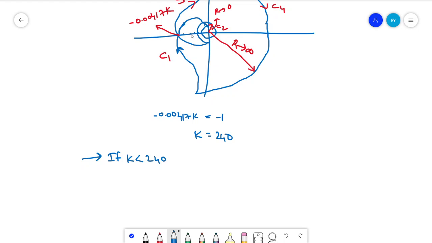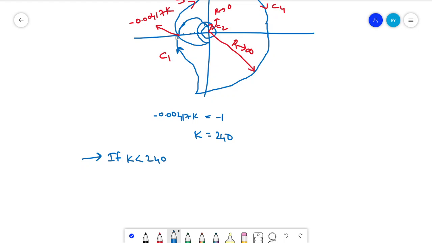Wherever the plot is crossing, in between the origin and -1 will be there. So if you consider how it is traveling through the Nyquist plot, indicating the directions of it, it is found that -1 + j0 is not encircled, because -1 is coming at K equal to 240. If you are considering less than 240, there won't be these encirclements.